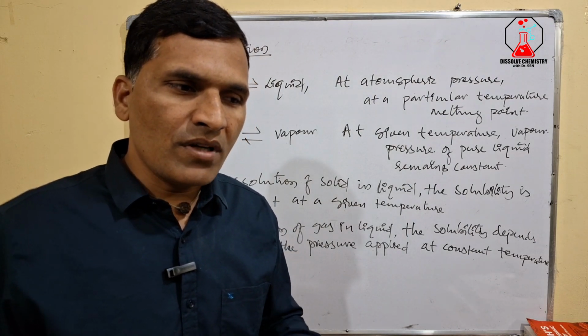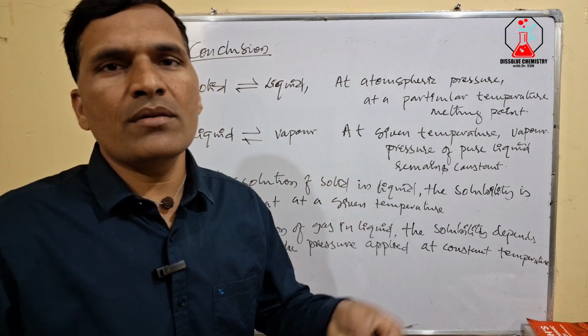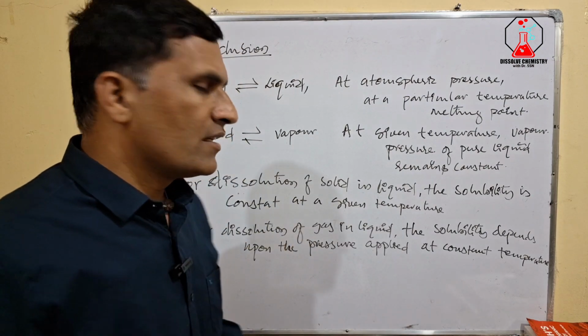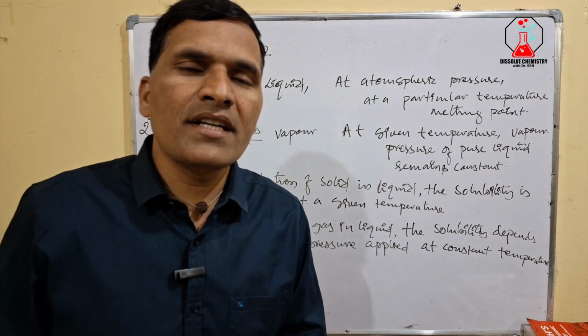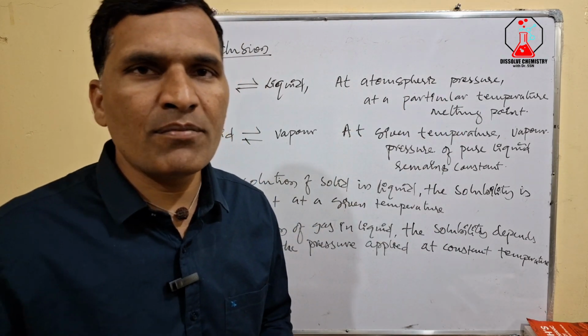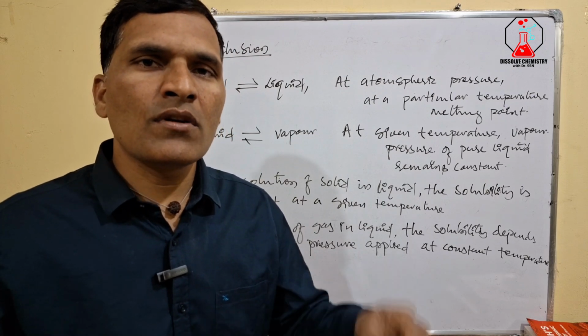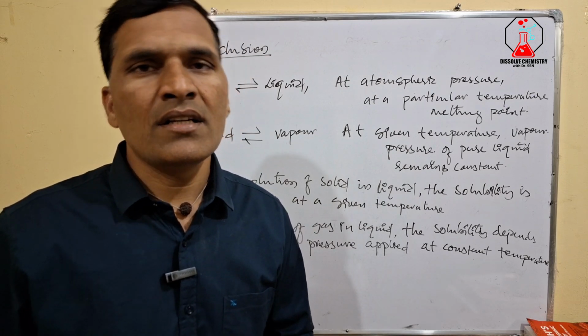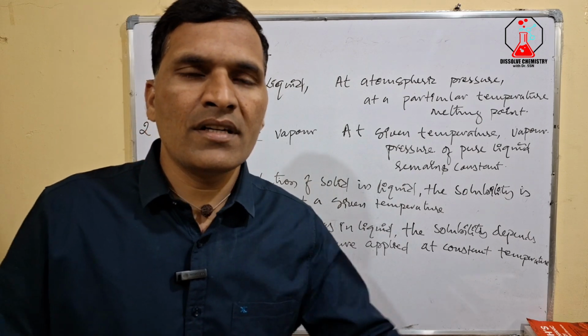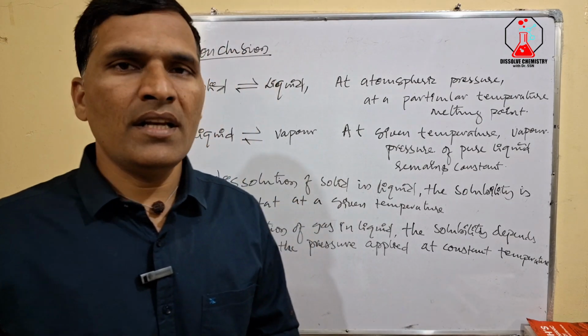So if you want to enhance its solubility, you have to raise the temperature. Similarly, if you want to enhance the solubility of gas in liquid, you have to apply pressure. The more pressure you apply at a given temperature, the more gas we can dissolve in the liquid phase, and we can shift the equilibrium towards dissolution of gas into the liquid phase.